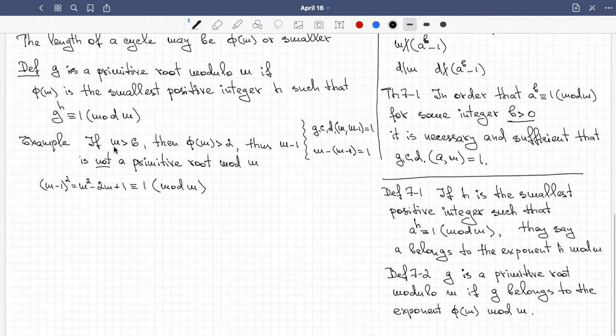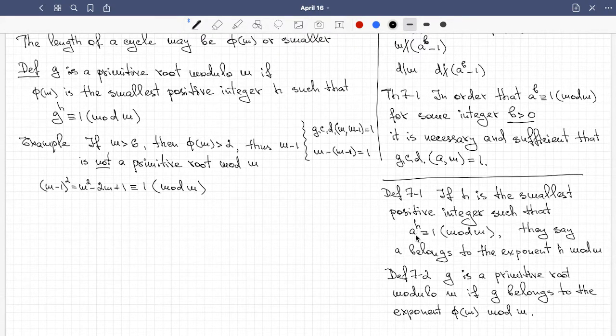They mean exactly the same. H is the smallest positive power, and if H is phi, then J is a primitive root. So my definition is equivalent. I just avoid this construction. I briefly recalled it.